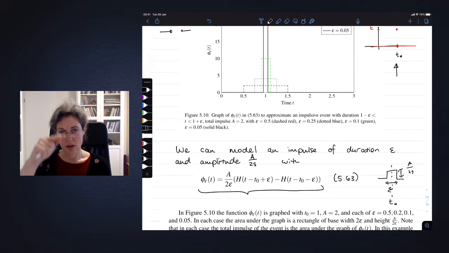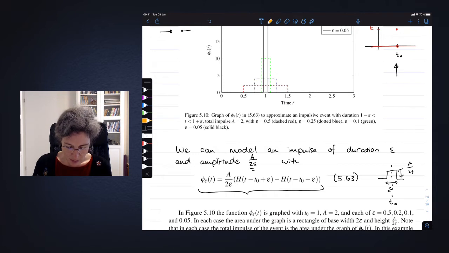So this gives you a little step of amplitude a over 2 epsilon, width epsilon, and centered at t0. It's not entirely clear at the moment why on earth you would want to have your amplitude as a over 2 epsilon. You're about to see now why we do.